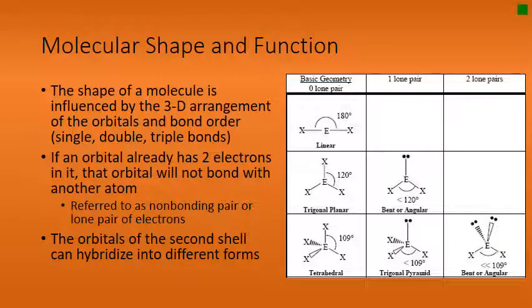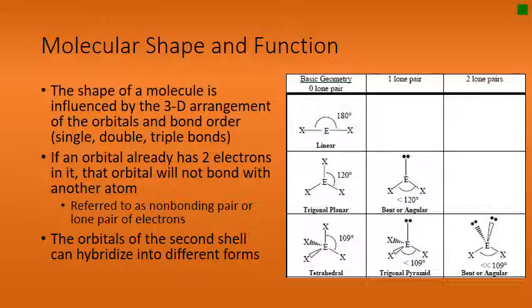So what else is important when talking about covalent bonding and creating molecules using covalent bonds? Well, utterly critical is the shape that the molecule takes. The shape of the molecule is influenced by several things.